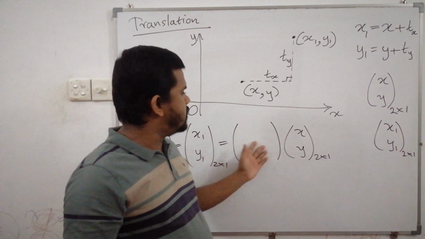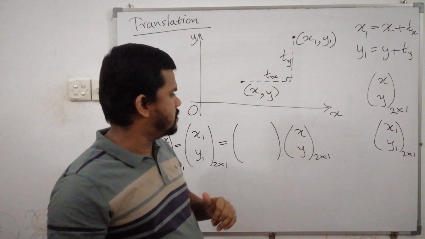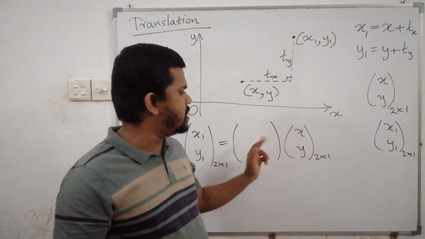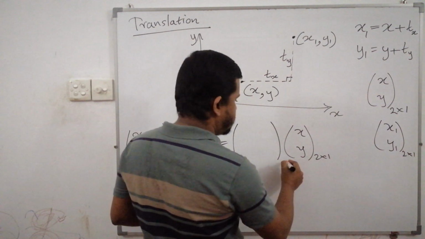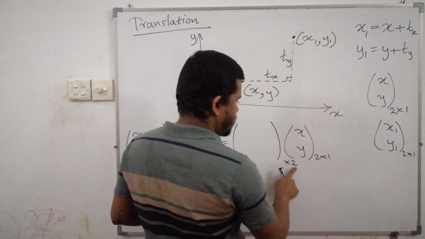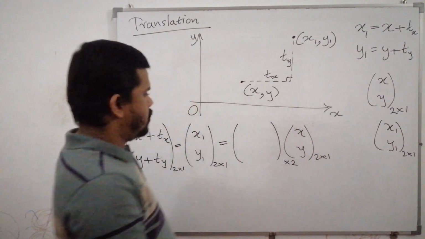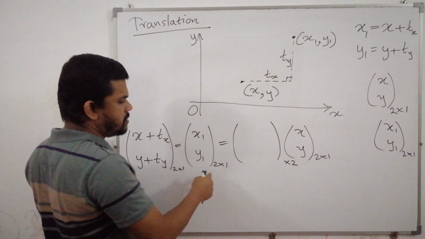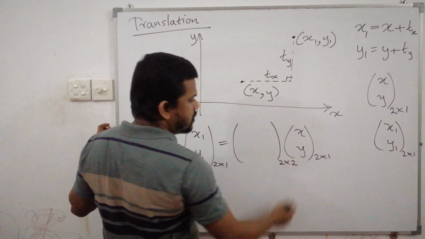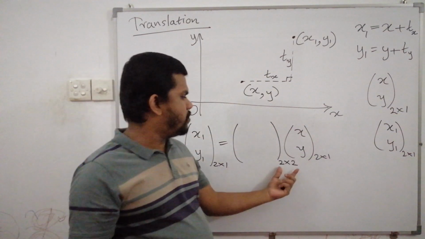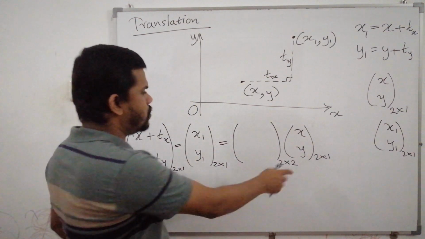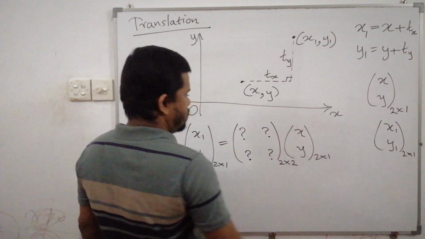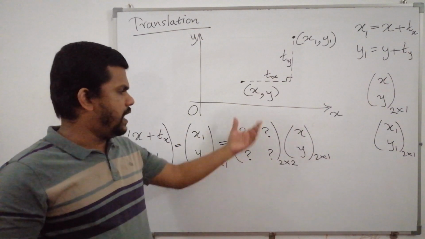Now what is the type of this matrix? In order to be able to multiply these two matrices, definitely the type must be something cross 2. The number of rows in this matrix is 2, therefore here we should have 2. Therefore, the type of this matrix is 2 cross 2, that means 2 rows and 2 columns.